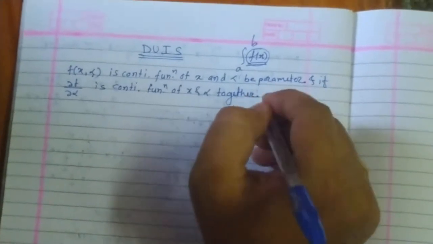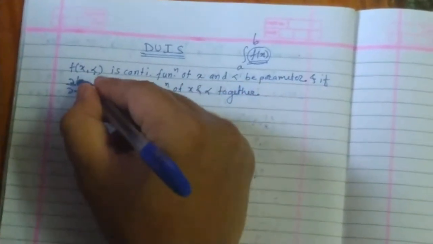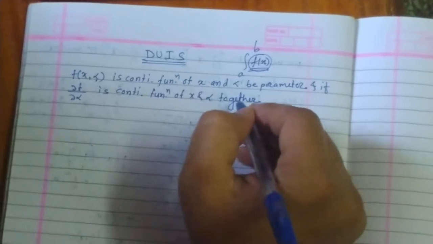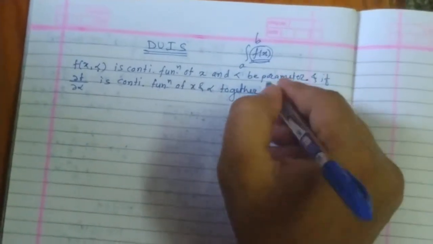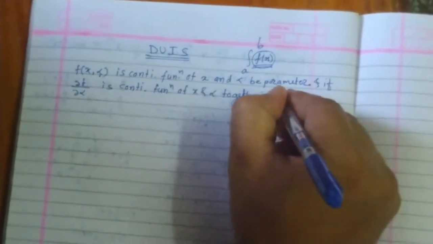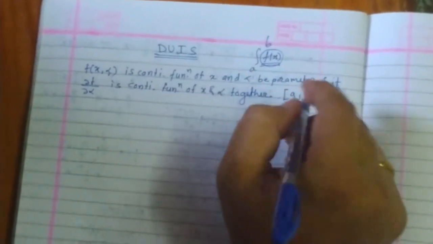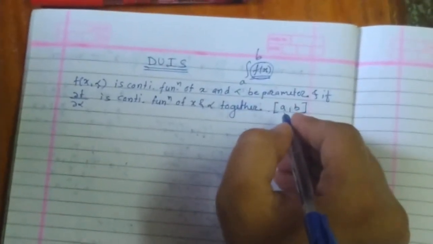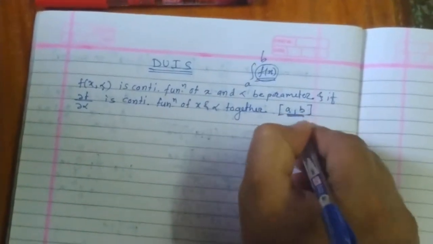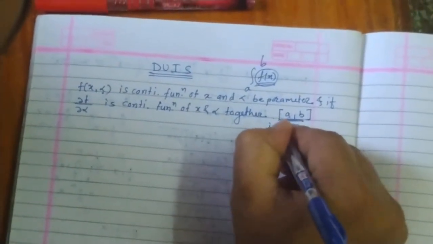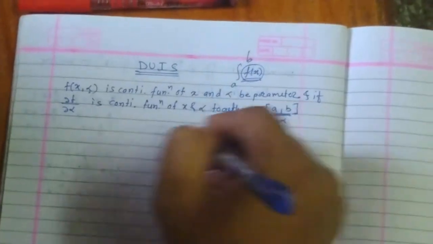Okay, so del f by del alpha is a continuous function of x and alpha together throughout the closed interval a comma b, where a and b are constants and independent of alpha.